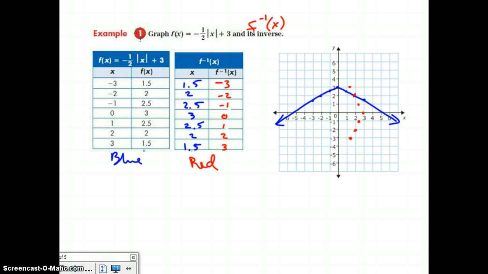And it's not the opposite, but it's kind of a 90-degree turn to the right. So that's what the inverses look like on each other.